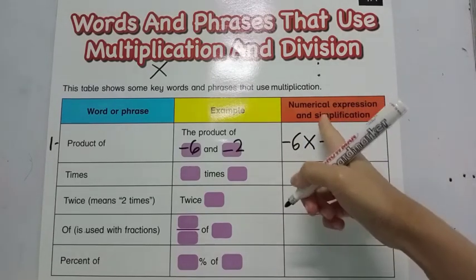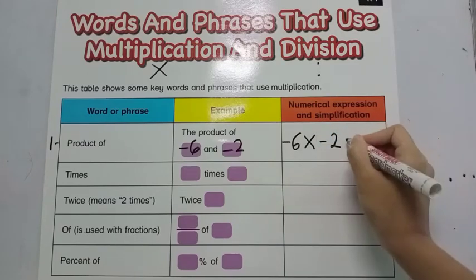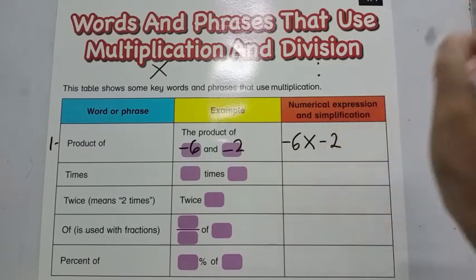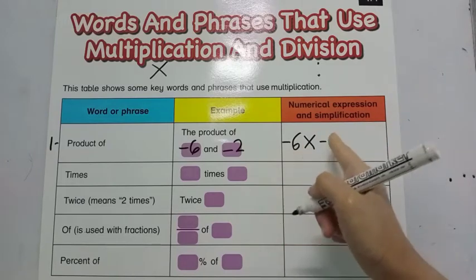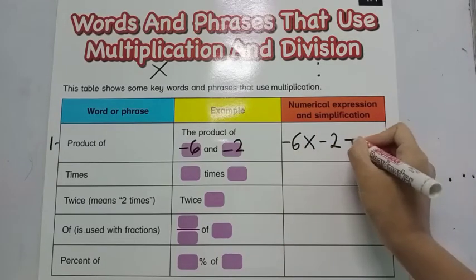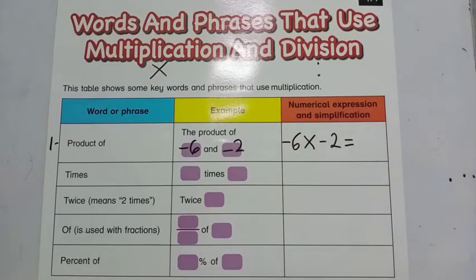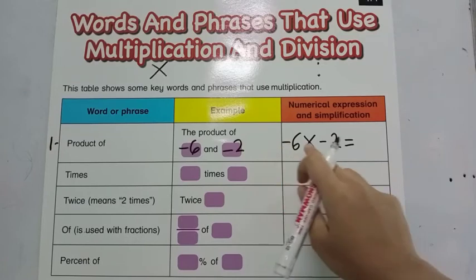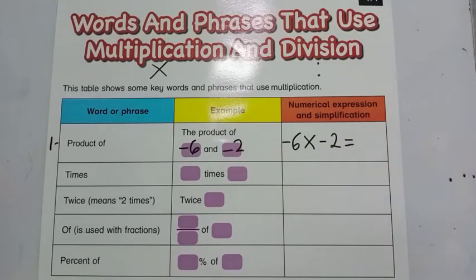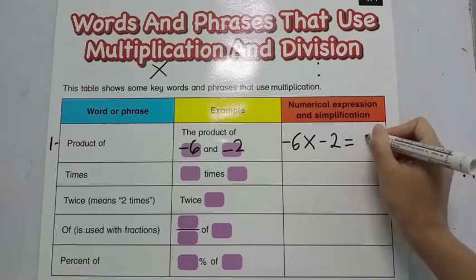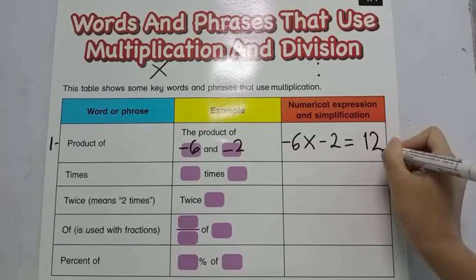And then don't forget about the simplification. The simplification means you must find the answer from the numerical expression. Negative times negative equals positive. So the answer is positive 12.